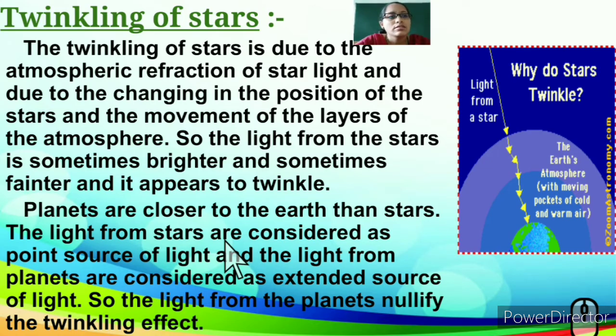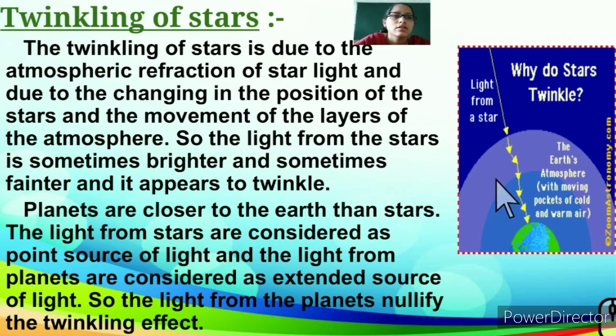So why do stars twinkle? Here also it is the same principle of refraction. Light from the star, you can see in the figure, enters into the Earth's atmosphere. When it enters, here you can see there is a quite different cool temperature.